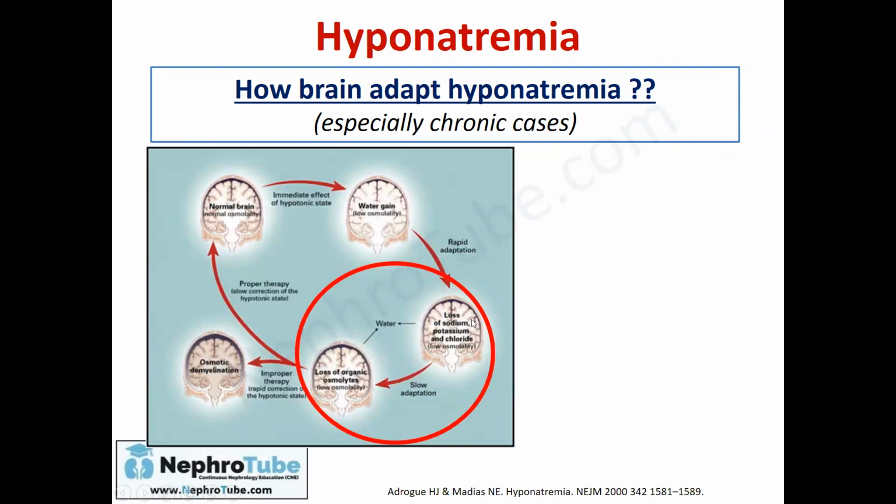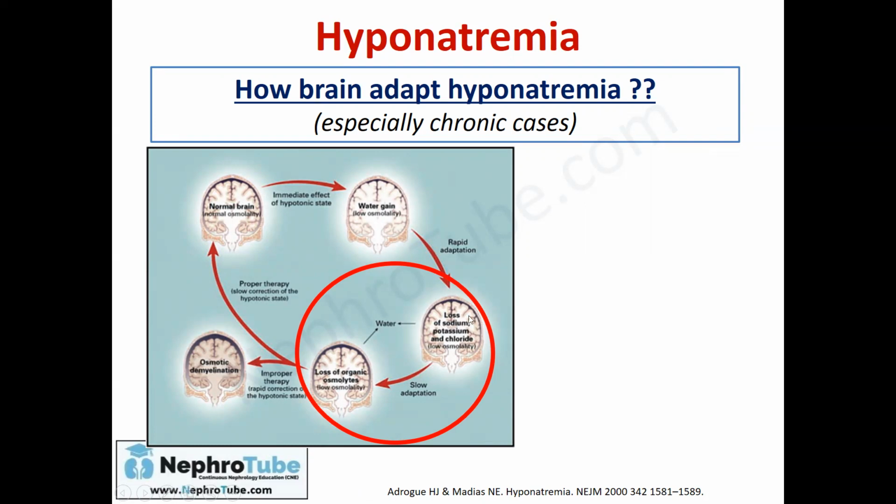What are the osmoles that the brain will try to get rid of from the intracellular space to the extracellular space? And this will lead to getting rid of excess water from the brain cells to the extracellular space.